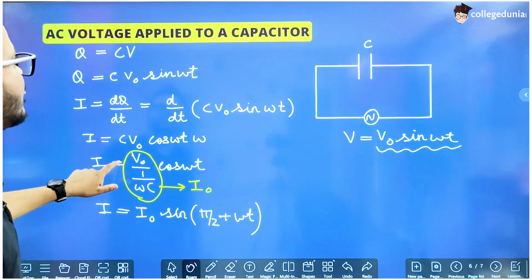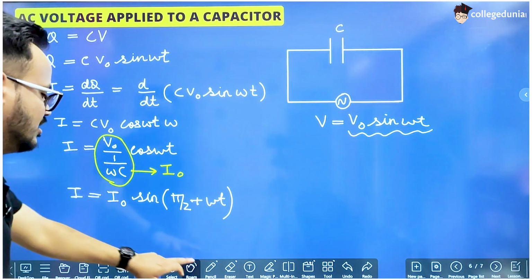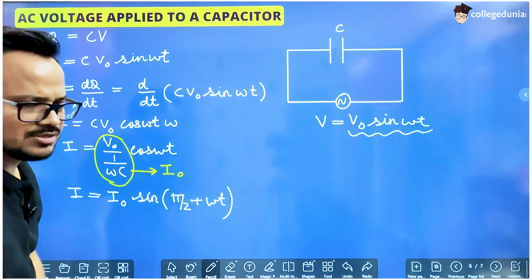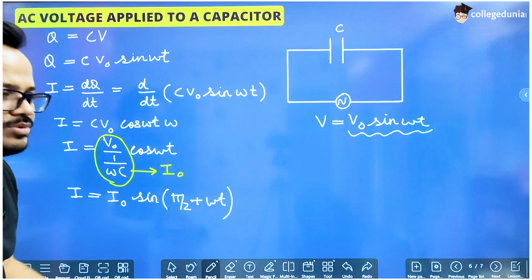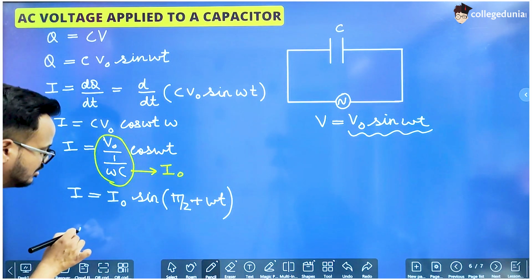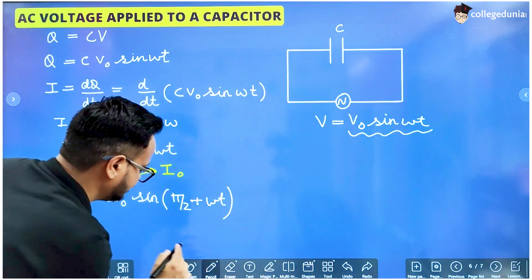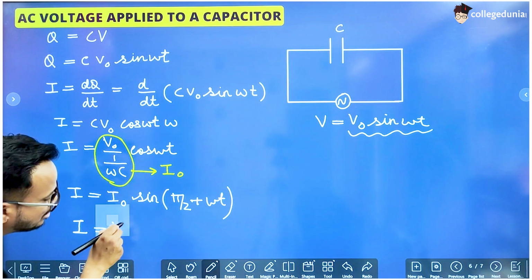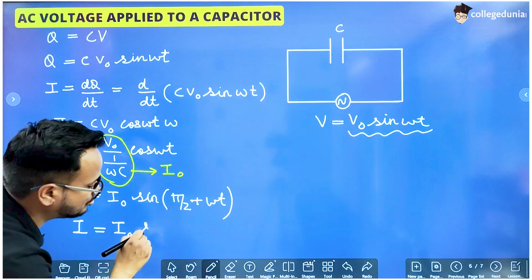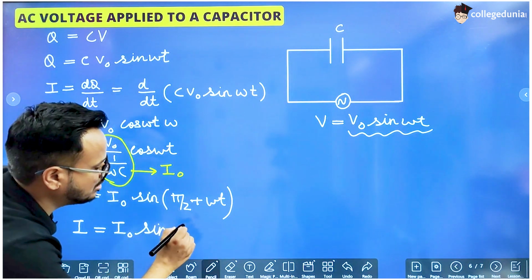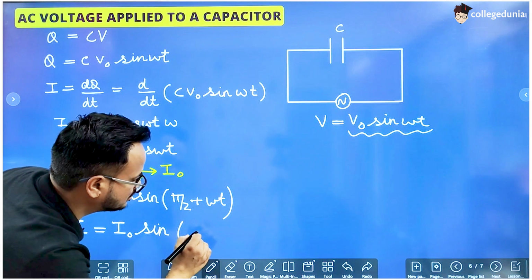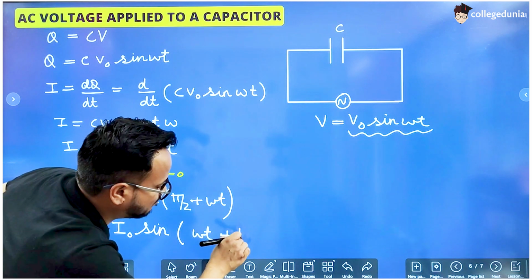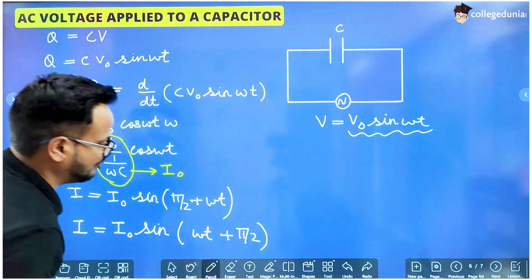So by interchanging these two, because there is a plus sign between them, a plus b is equal to b plus a, we write I equals I naught sine, instead of pi by 2 plus omega t, as omega t plus pi by 2.